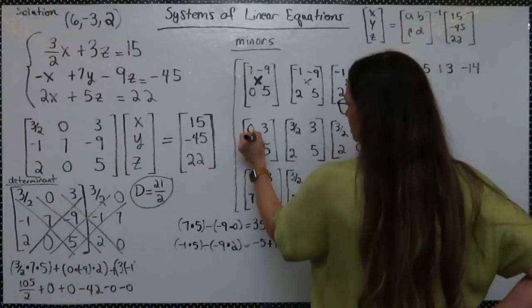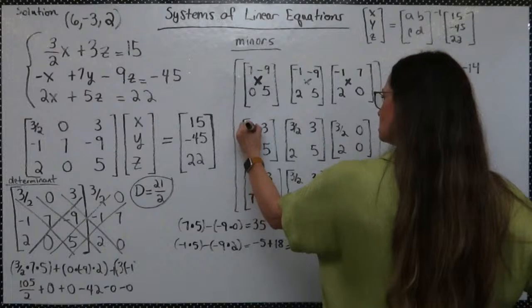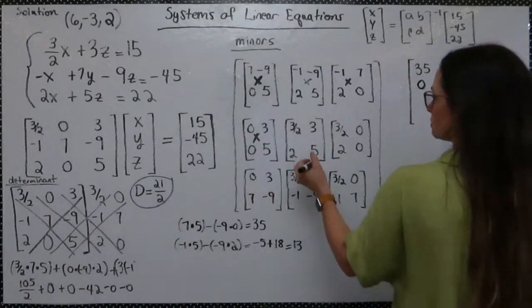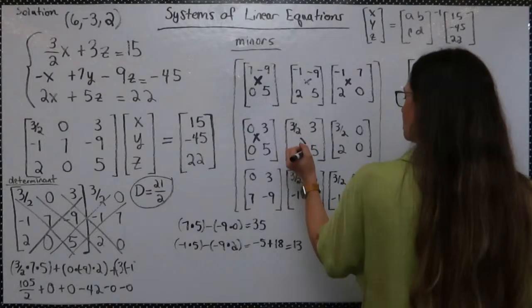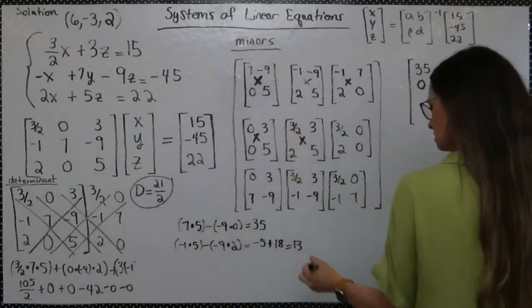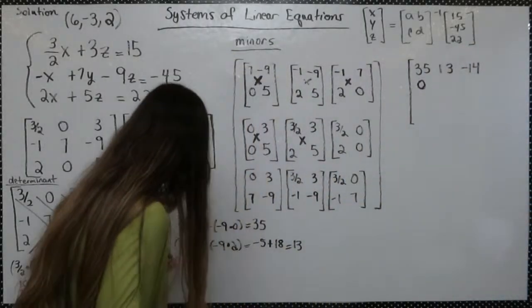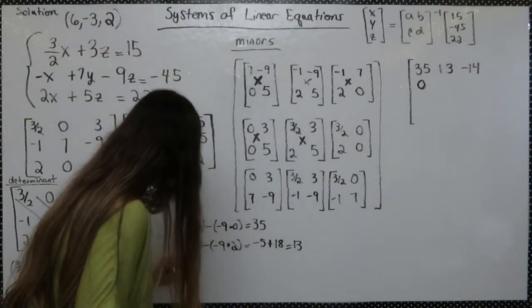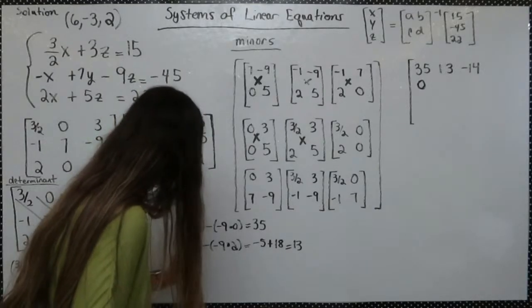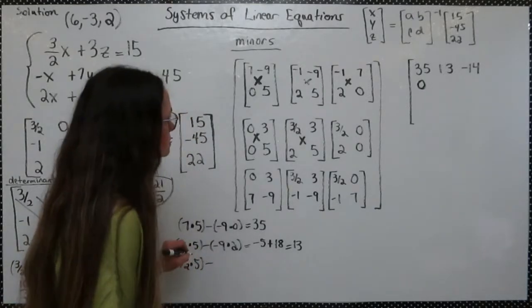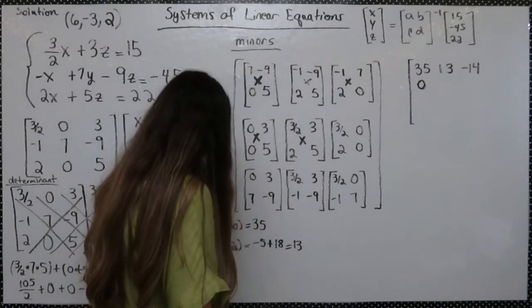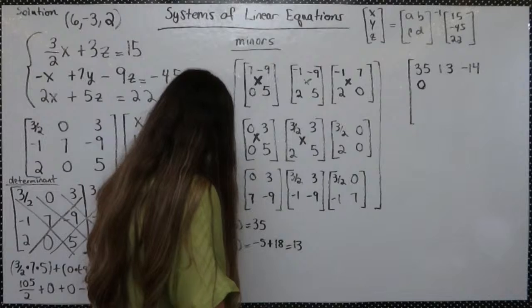And then we have this one, 0 times 5 minus 0 times 3 is just 0. 3 halves times 5 is 15 halves minus 2 times 3, so minus 6.